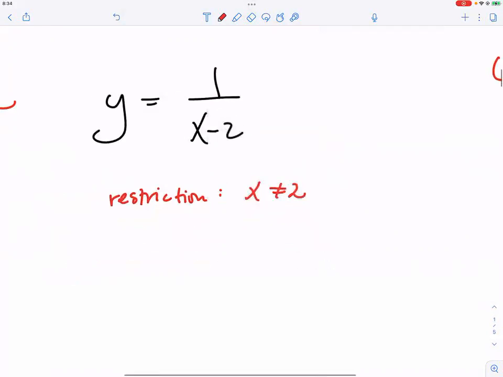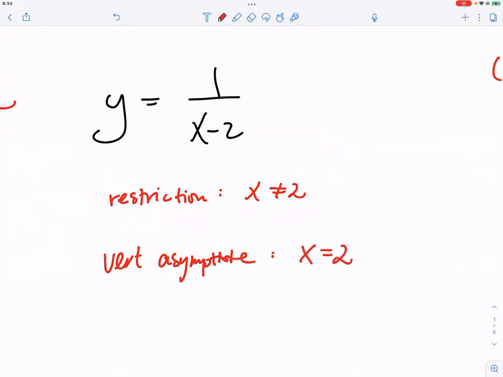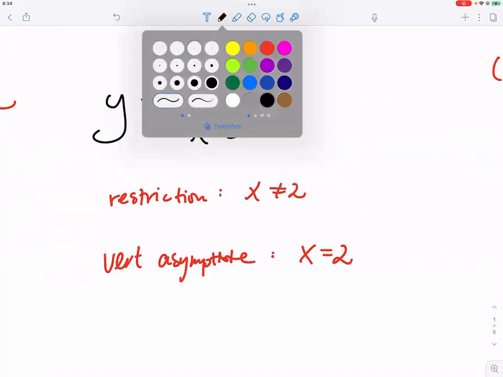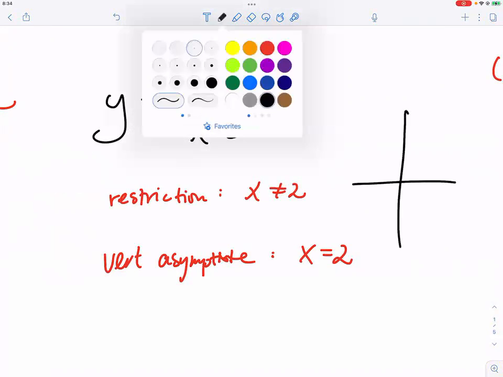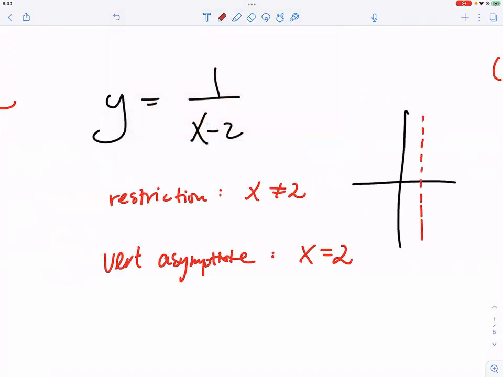And now to illustrate graphically how this restriction plays a role for the entire graph, we ask, what is the vertical asymptote? Make sure that you say x equals 2, and that would illustrate the line at x equals 2. Don't touch it. Don't even dream of passing through this line. Okay, so far so good.